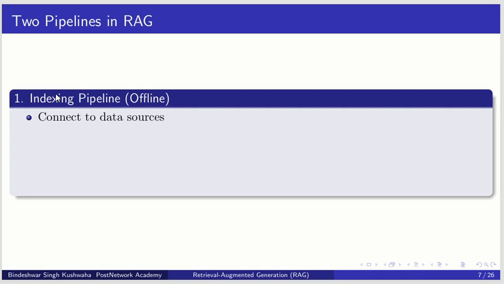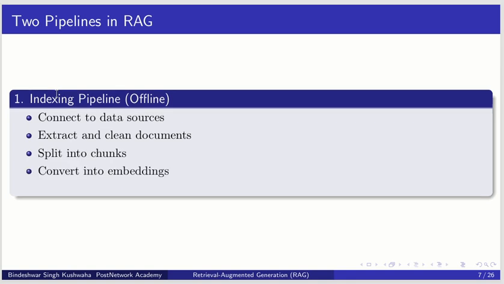Now what is the indexing pipeline? Connect to data sources, it may be SQL, PDFs, Excel, the internet or Google Drive, wherever you want. Extract and clean documents, split into chunks. I will discuss this when I design retrieval augmented generation. Convert them into embeddings. As I told you, embedding is very important.